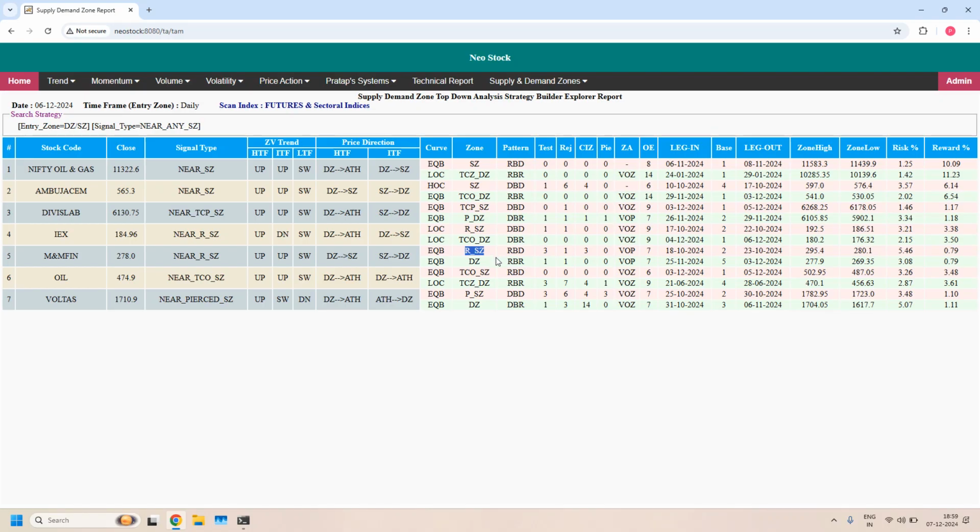M&M Finance is having. Well, it's a TCO zone. Check whether it is high priority or low priority. If the demand zone is not tested, it is still high priority. If this is tested and then prices are reversing back, then this is a low priority zone. Anyway, we identified 3 high liquidity, high priority zones from this list.